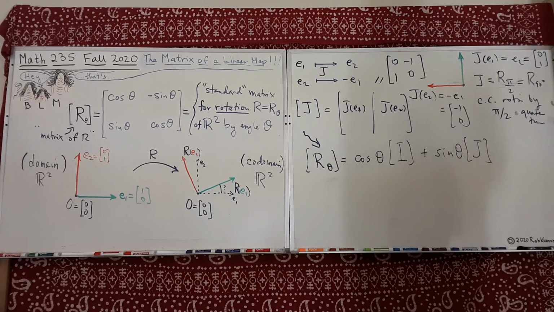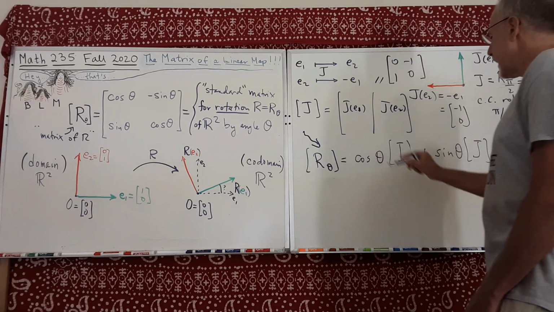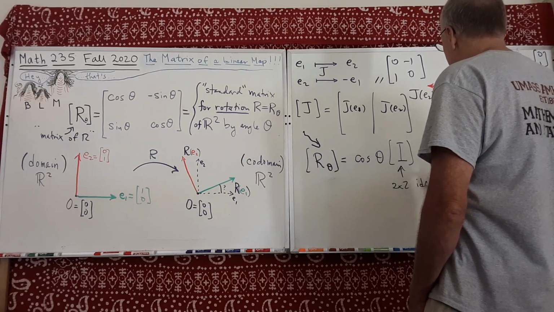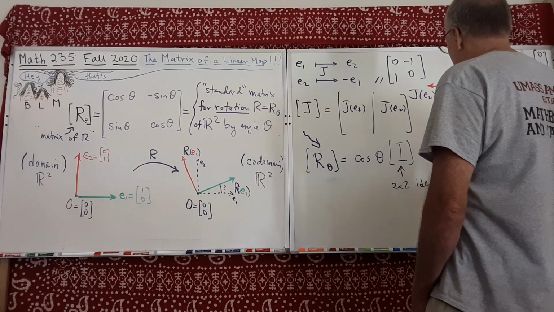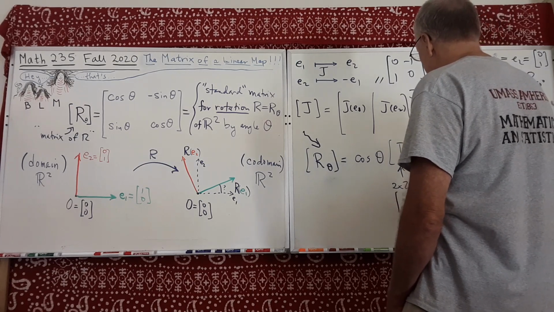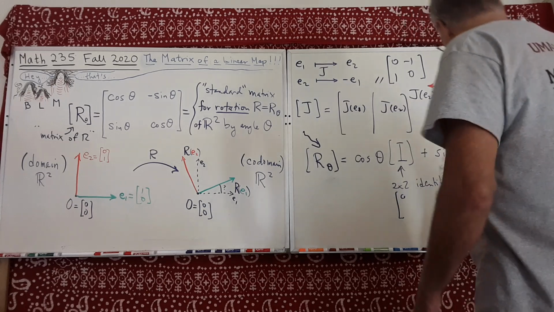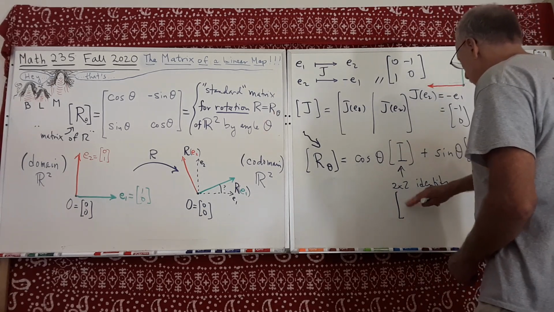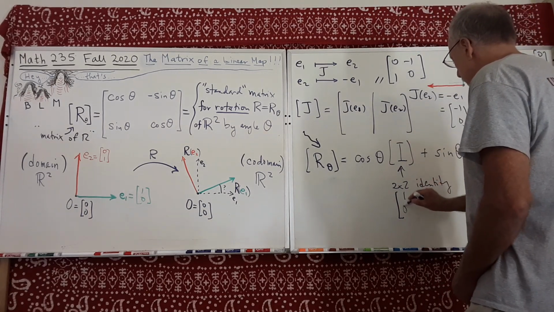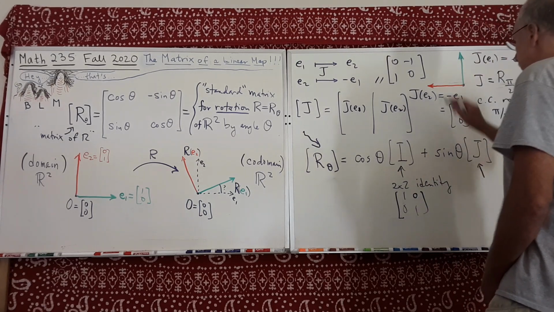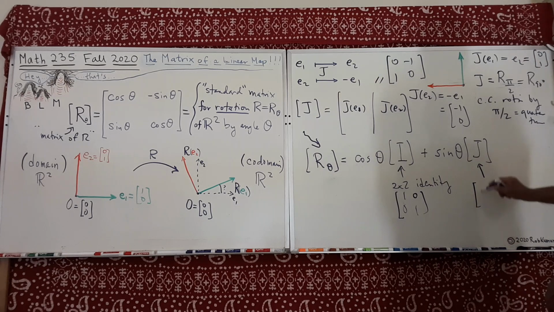This is the 2 by 2 identity. Remember what that matrix is? That's the matrix (1, 0; 0, 1). And this matrix here, the matrix we have up there: (0, 1; minus 1, 0).